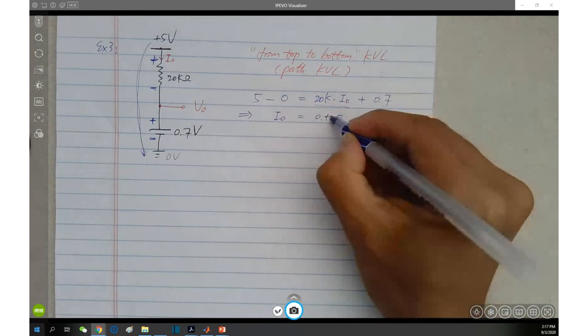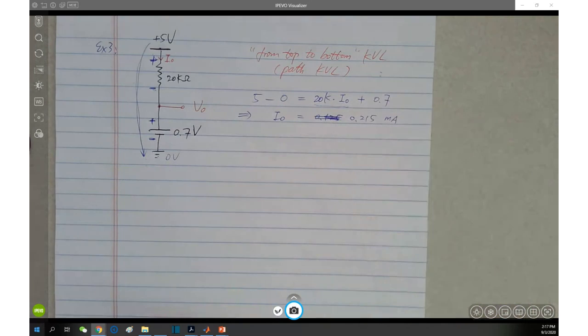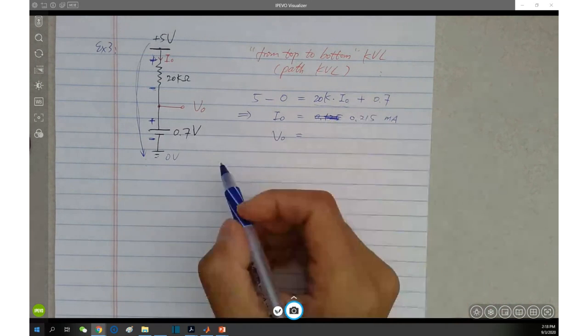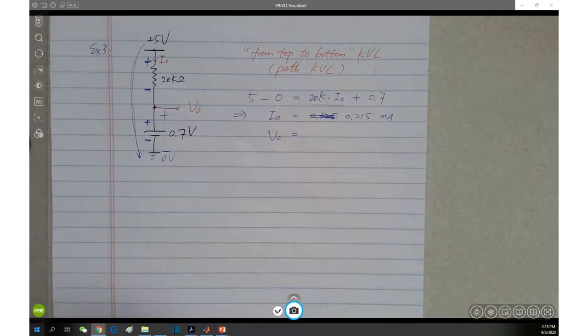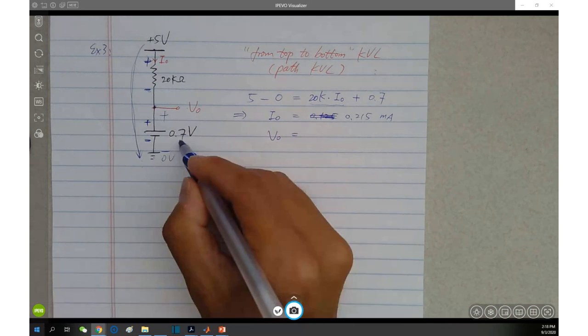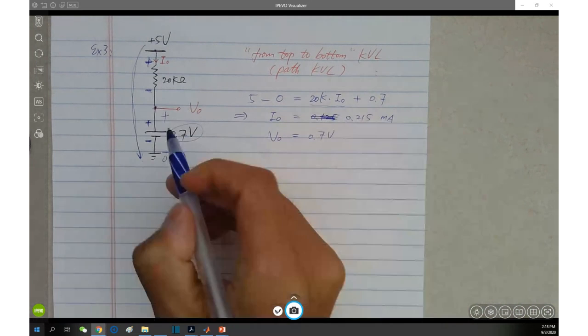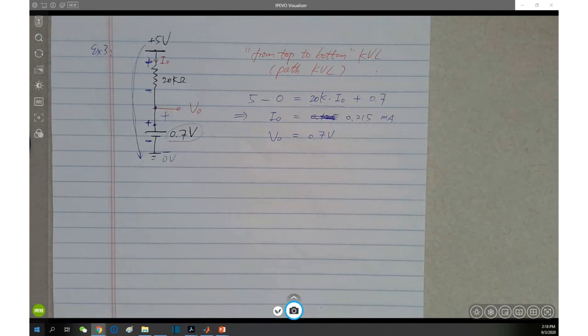I naught is 0.215 milliampere. And of course, V naught is very straightforward: from this node all the way down to the ground, it's nothing but this 0.7. From this node to the ground is the same, so 0.7.